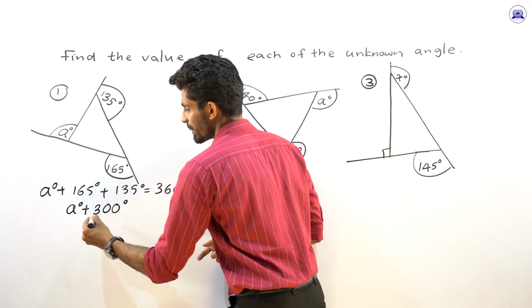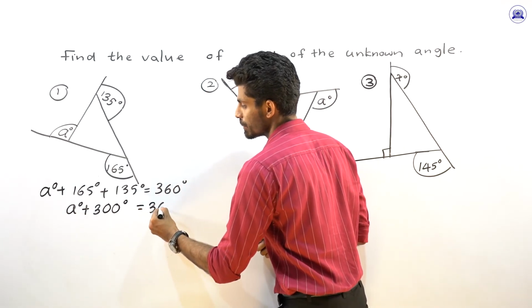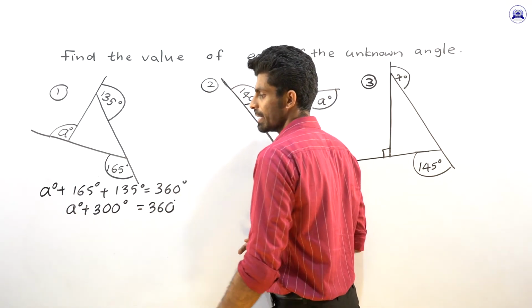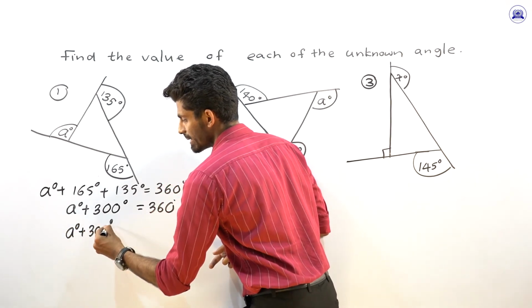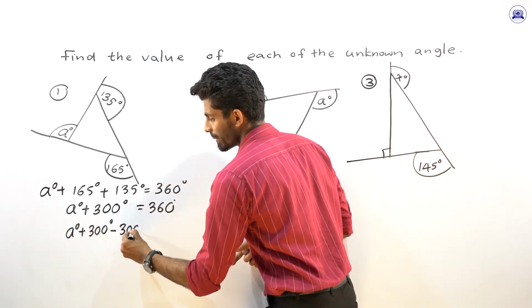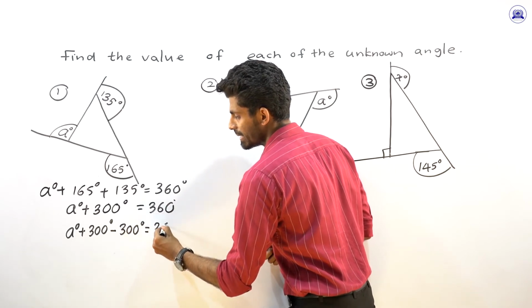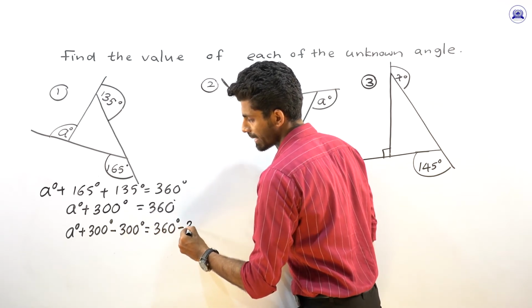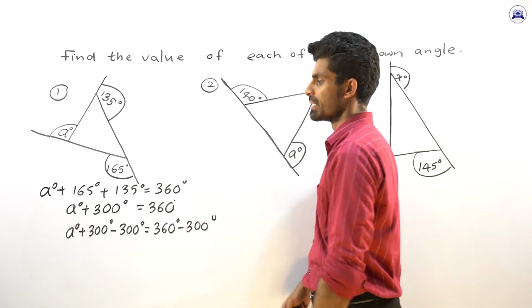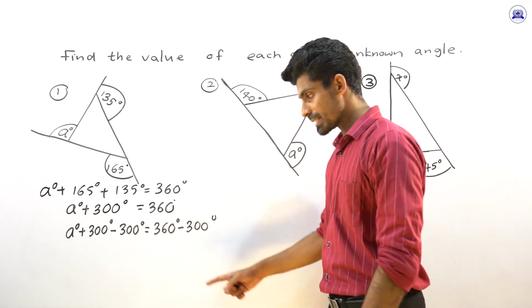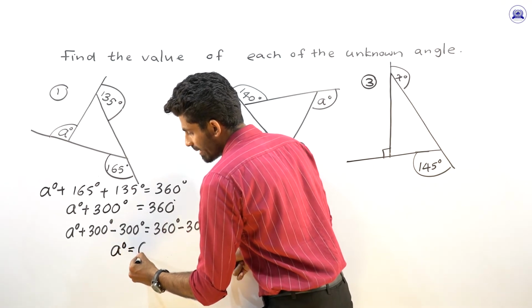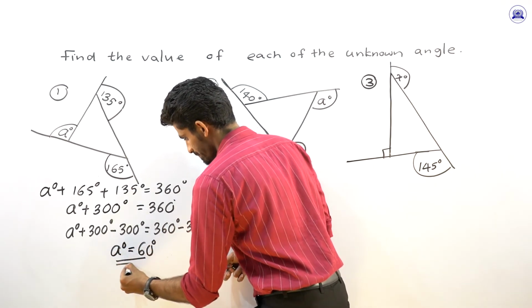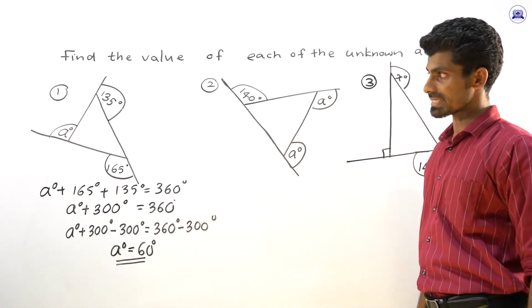A plus 300 equals 360. So you need to subtract 300 from both sides: A plus 300 minus 300 equals 360 minus 300. So what is the answer? 360 minus 300. A equals 60.